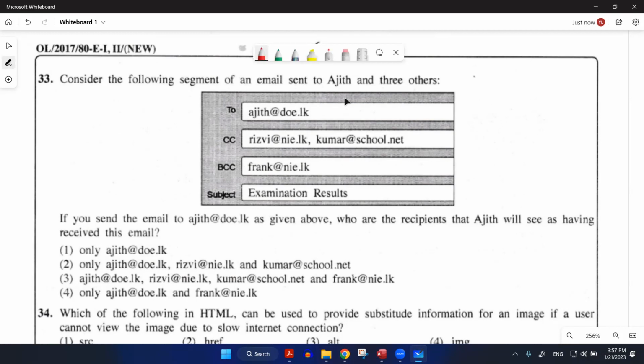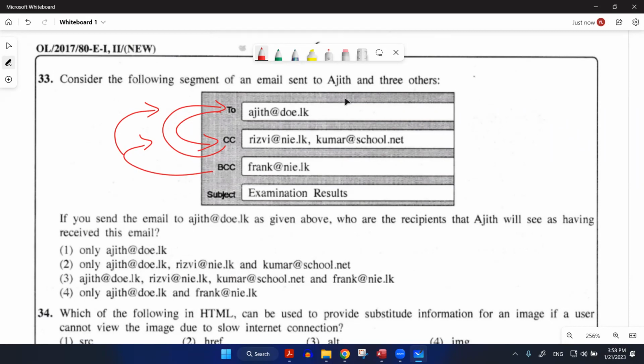So Ajit will be able to see the CC people, and CC people will be able to see Ajit as well. And the BCC people will be able to see both the To and the CC people, but the rest cannot. CC cannot see the BCCs. To people will not be able to see the BCC recipients.